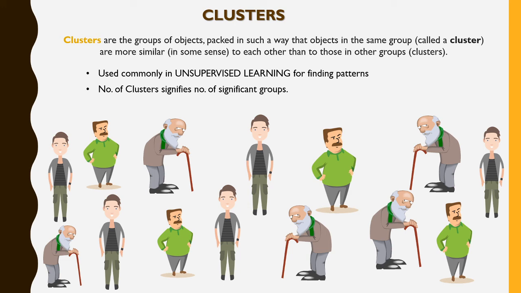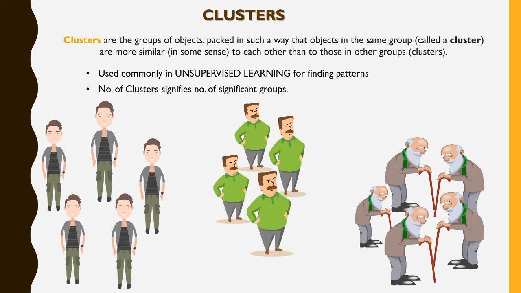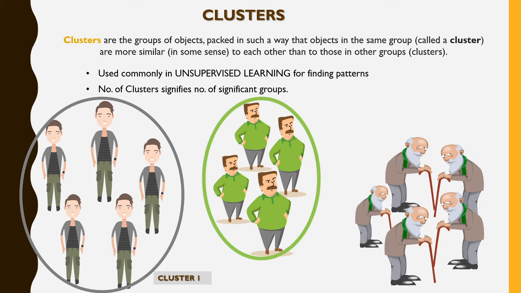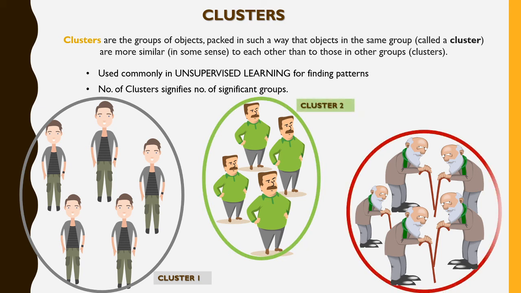If I need to make groups of these people according to their age group or their face features, then it might work like this. There will be three types of age groups and three types of face features, and if I divide them according to face features, I get these people grouped together and named cluster 1, these grouped together as cluster 2, and these grouped together as cluster 3. Hence, people are divided among different clusters with the help of the clustering mechanism.